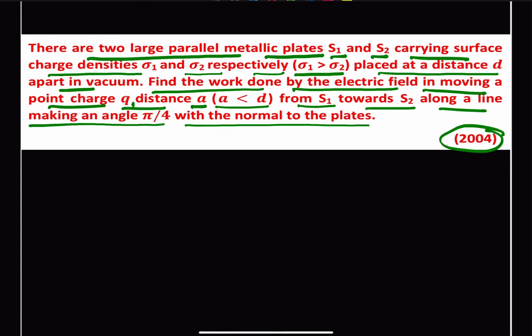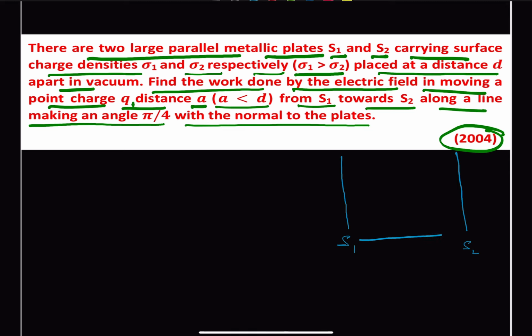And here we are given that we have two large parallel plates S1 and S2. So we can just draw an approximate figure. Suppose this is our S1 and this is S2.